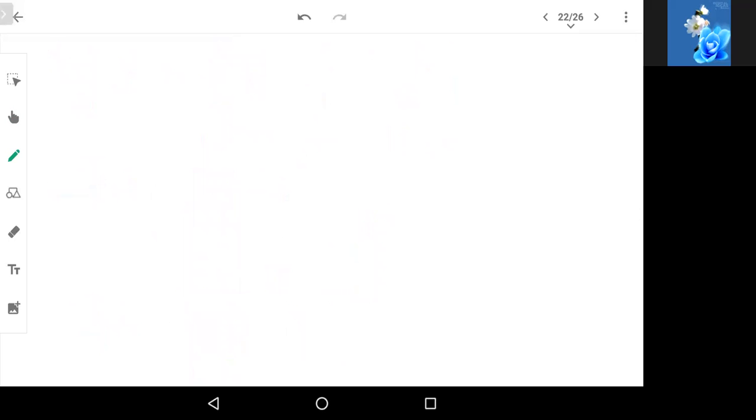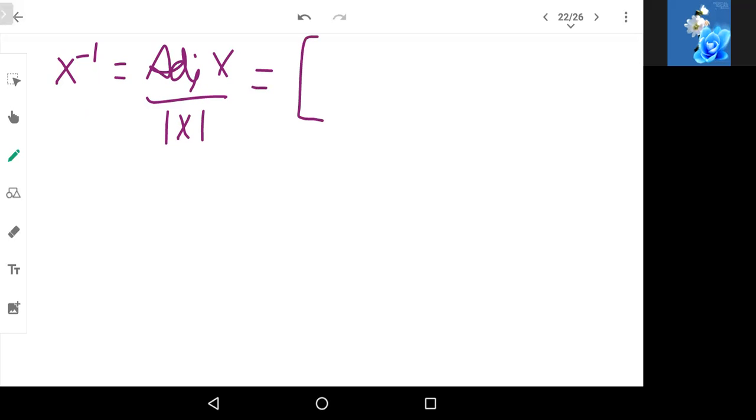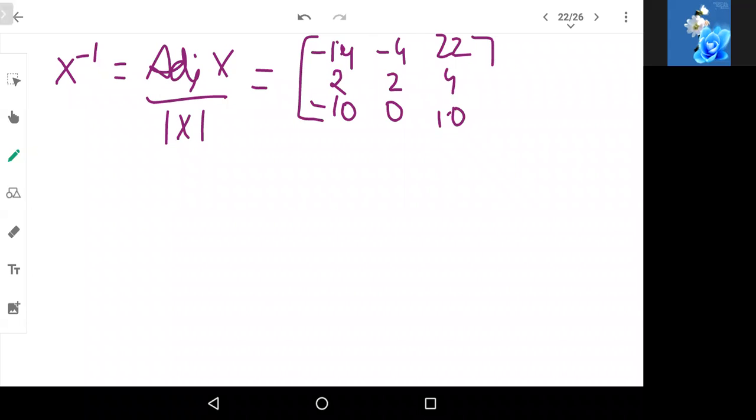Now, to find the inverse of the matrix X, that is X inverse is equal to adjoint X divided by determinant of X. Now, adjoint X, we have found out to be minus 14, 2, minus 10, minus 4, 2, 0, and then 22, 4, 10, divided by determinant of X, which is 20.